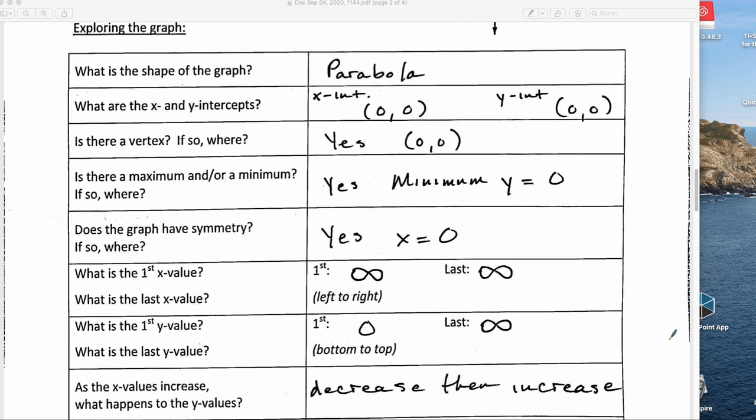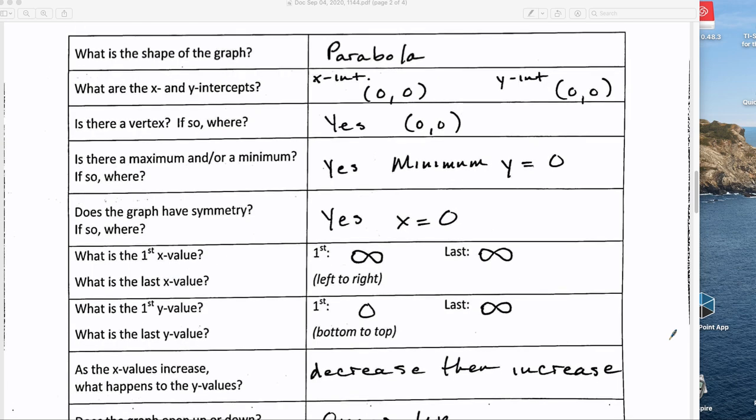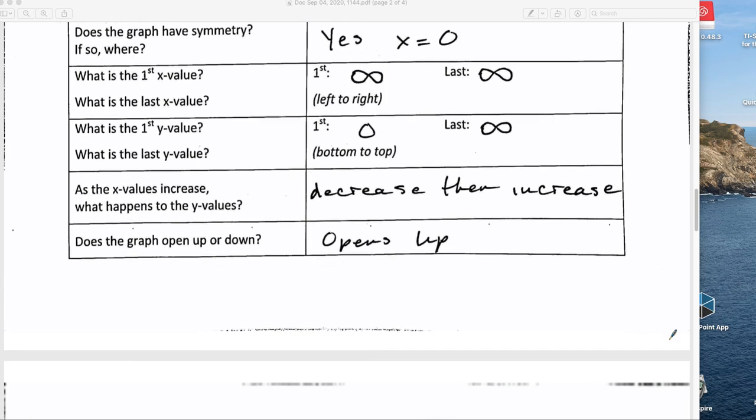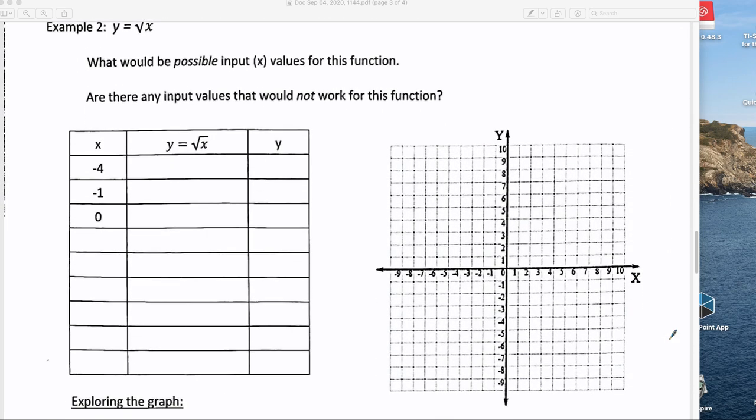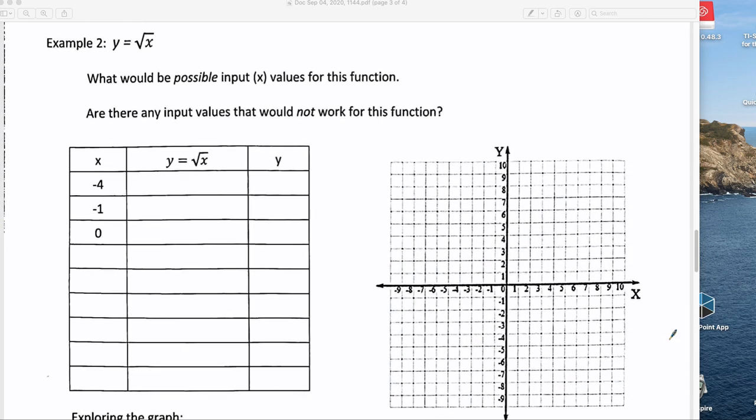Here are my answers, everything in this exact same order that we wrote them on the graph: parabola, the x and y intercept, the vertex, first and last values for x and y, decreasing, increasing, and opening up. We're going to graph one more, and then we're going to talk about something else very briefly. So stay patient, stay strong.